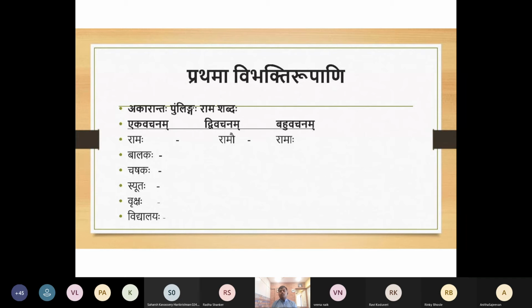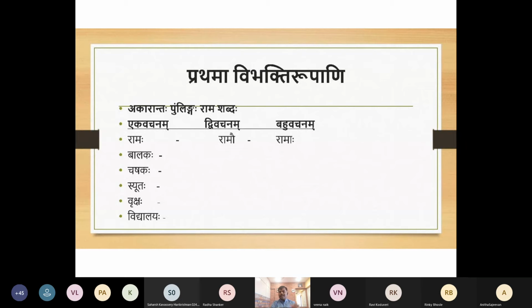Syutaha, one bag, Syutau, two bags, Syutaha, three bags. Vrikshaha, one tree, Vrikshau, two trees, Vrikshaha, three or more trees. Vidyalayaha, one school, Vidyalayau, two schools, Vidyalayaha, three or more schools.